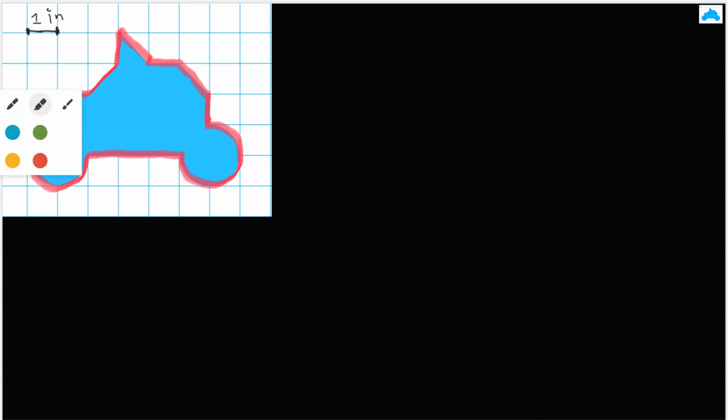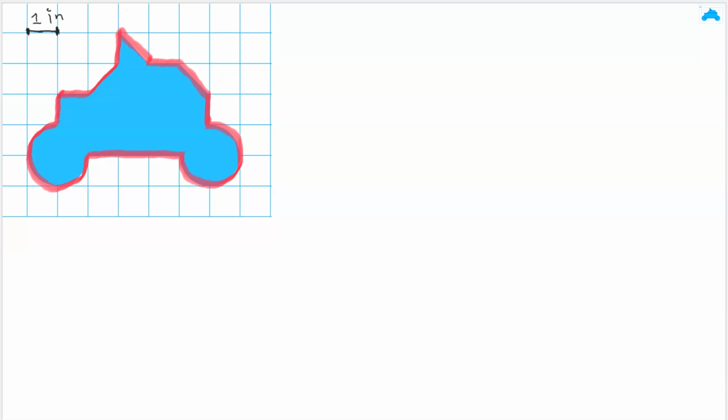So then the perimeter, if you want to go ahead and write that down, let's get some white paper here so I can write in black. Okay, so perimeter is, if I was to start, let's say I'm going to start right here, that would be 1. This would be 1.